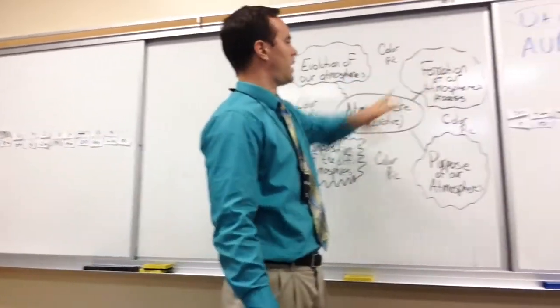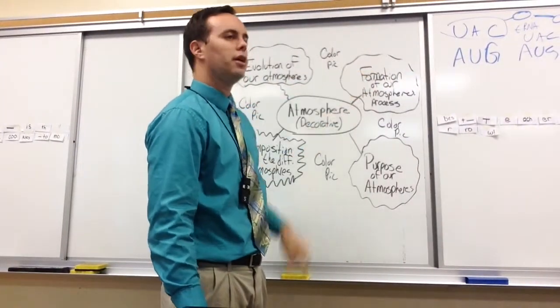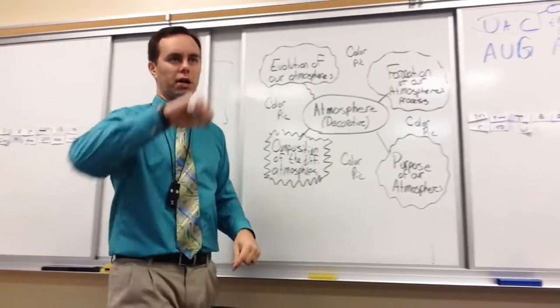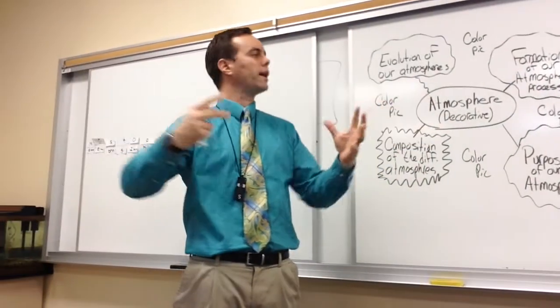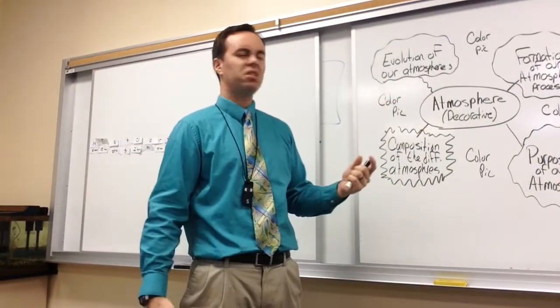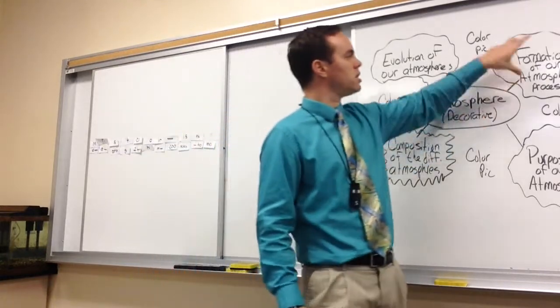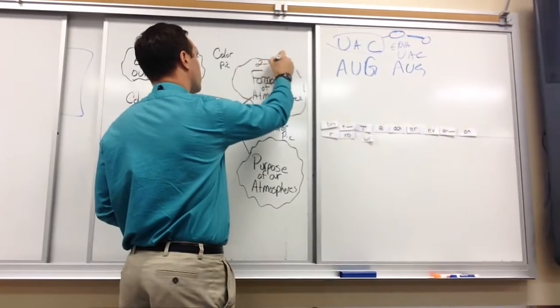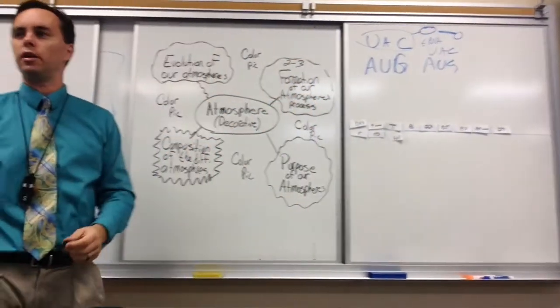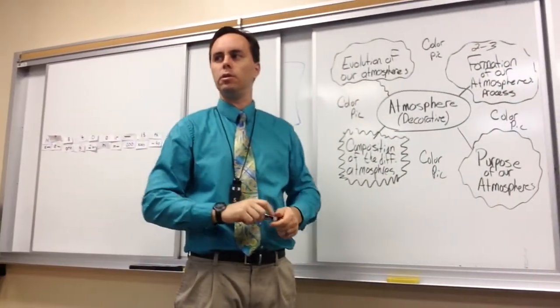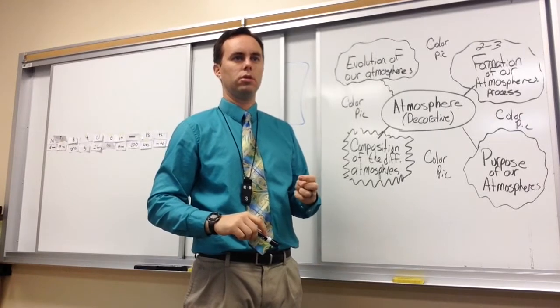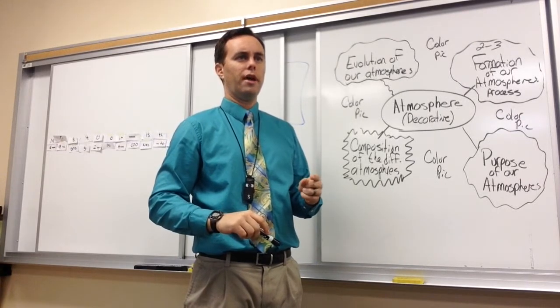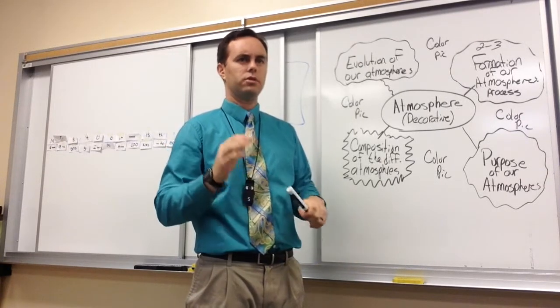And in these sentences, you want to explain the formation of our atmosphere, like talk about accretion in there, talk about what gases were attracted to it, the gases that were there. So in this bubble, I'm talking like 2 to 3 sentences. So I'm going to write 2 to 3 right there to give you an idea of what I want within that bubble. If you write 4, that's fine, but no less than 2, please.